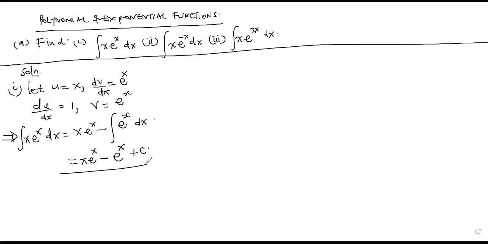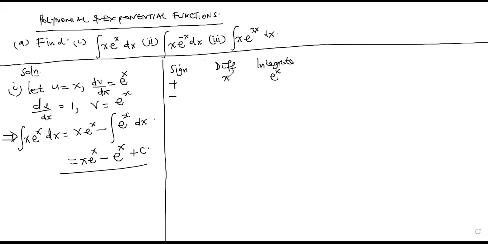Even if you use the basic technique, you'll have the sign here. You'll have to differentiate some function, and then here you have to integrate. So when the sign is positive, we shall differentiate x and we shall integrate e to the power x.